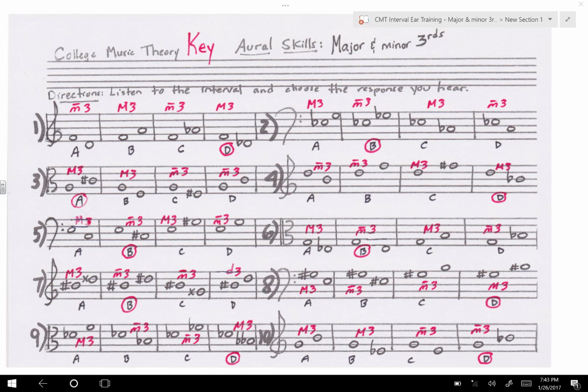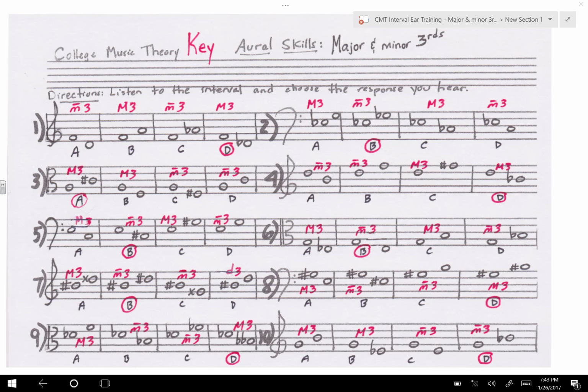Let's compare 2C side by side with 2D. Major third descending, minor third descending. So hopefully you chose B. If not B, the second best response would be A, because we did hear a melodic ascending interval.